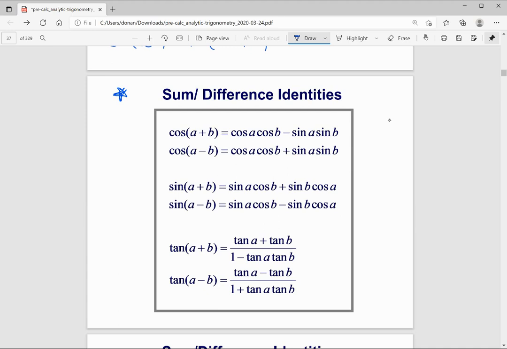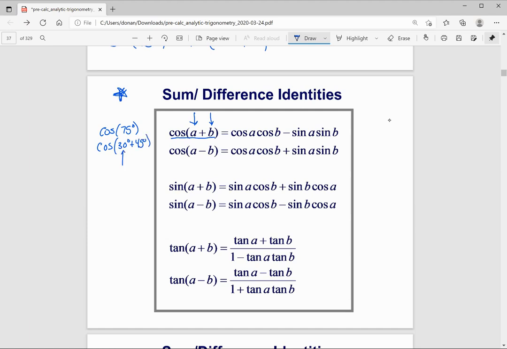So if we wanted to look at cosine of A plus B, so for example, cosine of 75 degrees, what we're going to do is we're going to split that 75 into 2 that we know. And so we could say that's the cosine of 30 degrees plus 45 degrees.